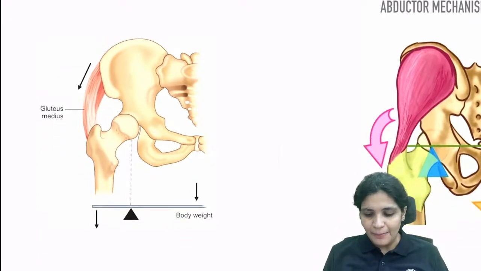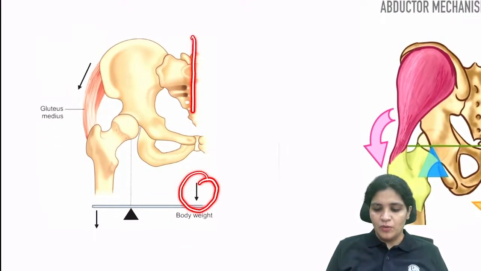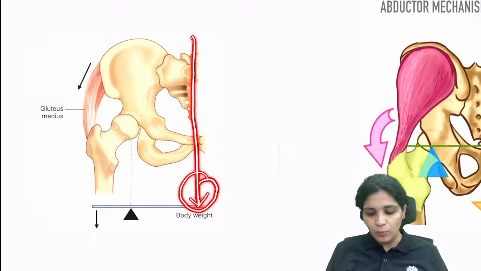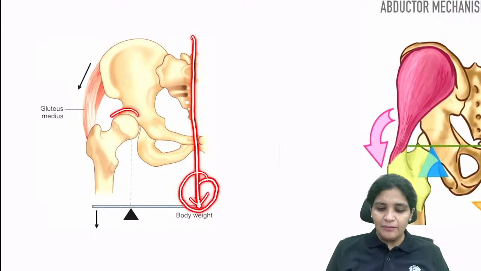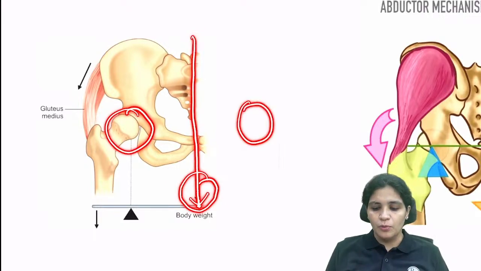Because of maintaining the balance. The hip joint is the one which takes the body weight. So body weight is exactly passing through the center, right? The weight is equally distributed on both the hips.